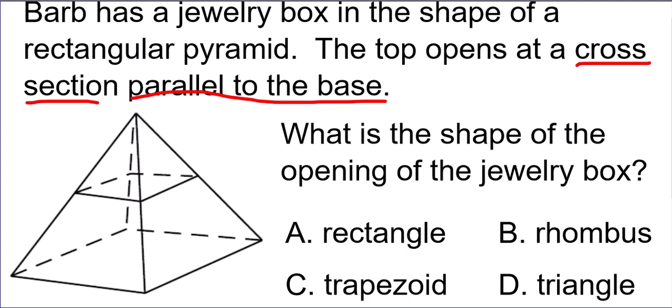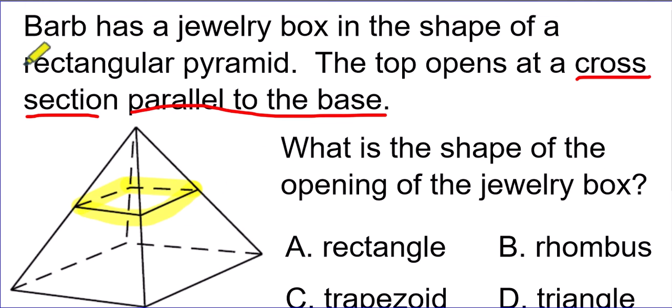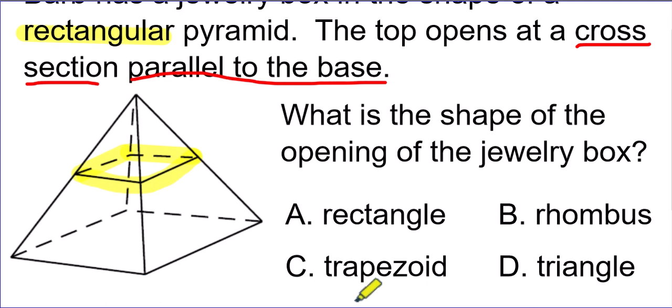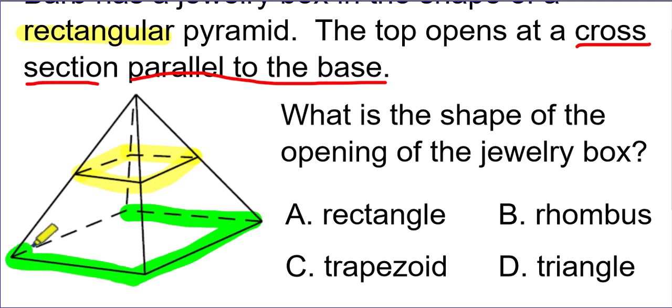Okay, I'm assuming you already did this problem on your own. You can see here the opening is here. Now, from a three-dimensional point of view, this kind of looks like a rhombus or parallelogram, but you have to realize this was a rectangular pyramid, which means this base, even though three-dimensionally it kind of looks like a parallelogram or rhombus, it is not.